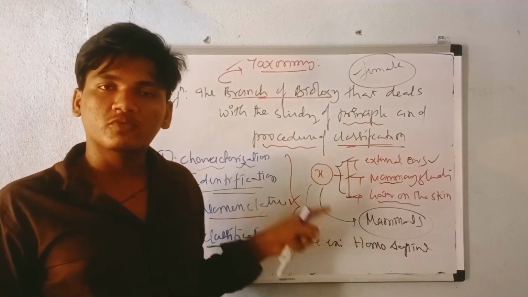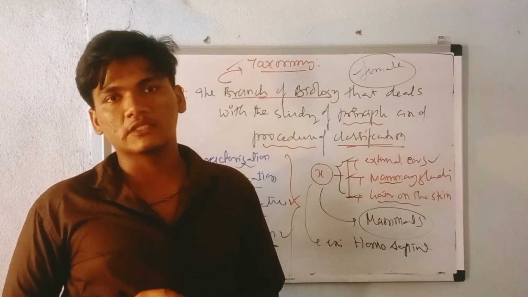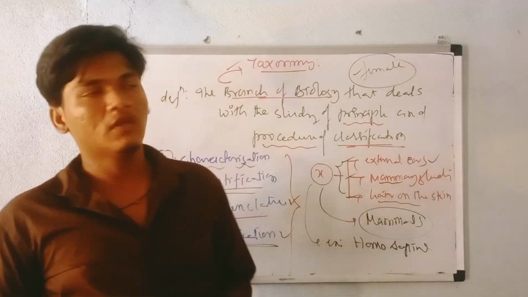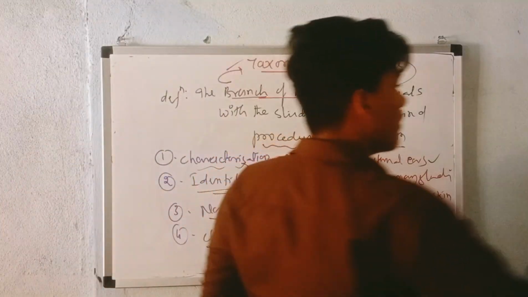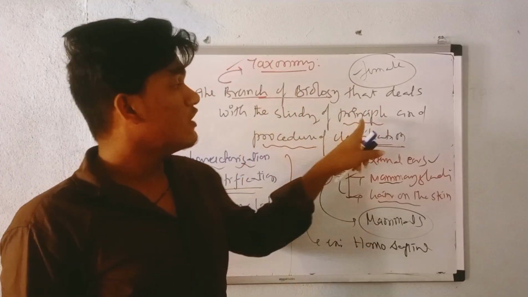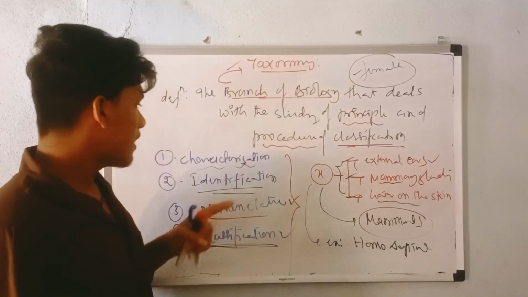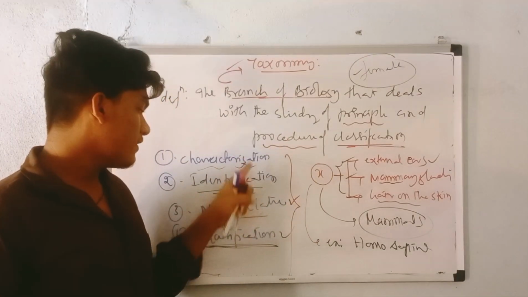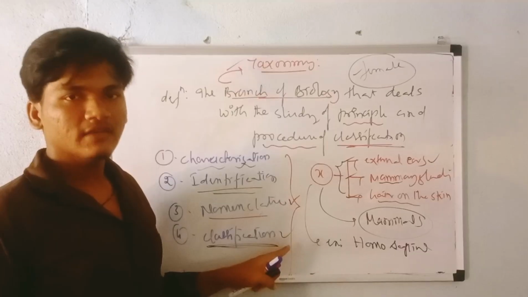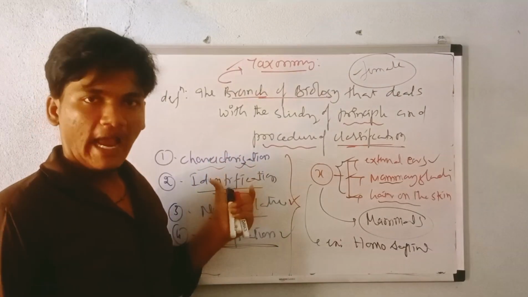Through following this procedure, you classify a certain organism. I hope you clearly understood, right? This is called taxonomy, the branch of biology that deals with the study of principle and procedure of classification. The bases are characterization, identification, nomenclature, and classification.